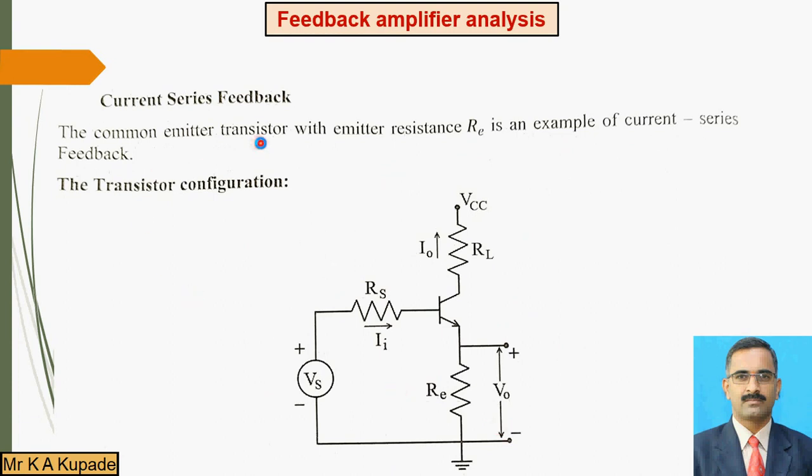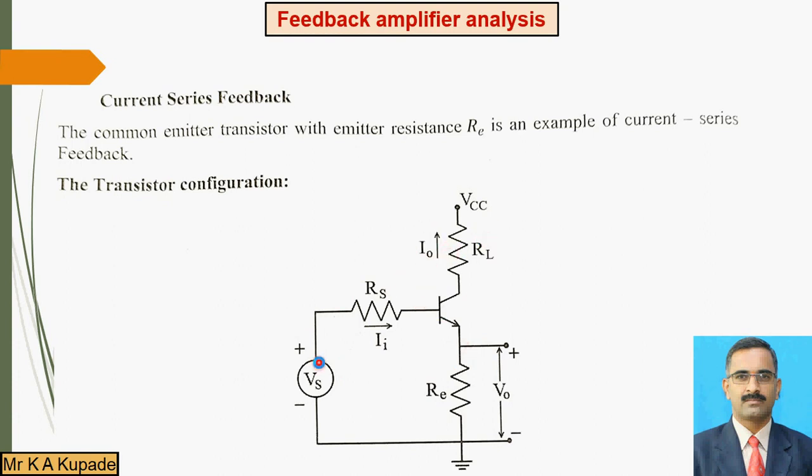Now the next one is the current series feedback. Here a common emitter transistor with emitter resistance RE is considered, and V0 is considered at the terminal of the emitter. I naught is considered at this load resistance RL.